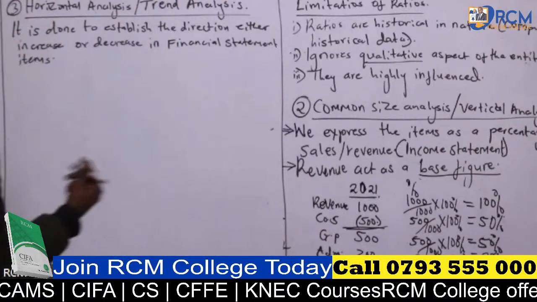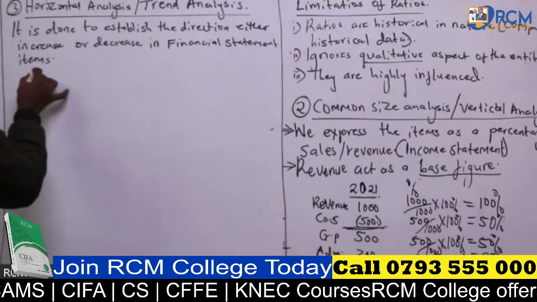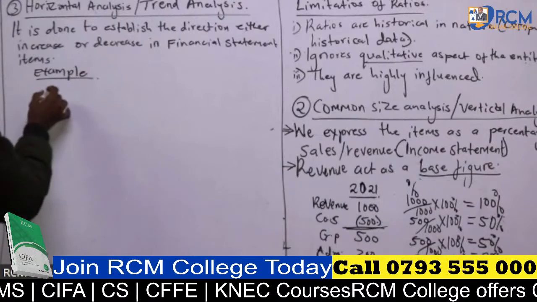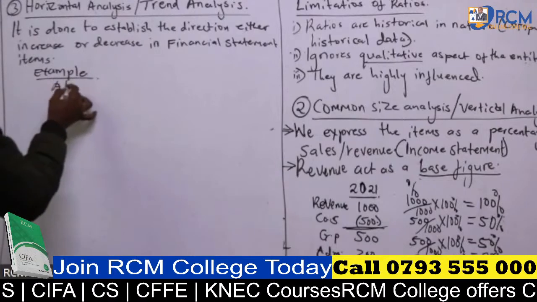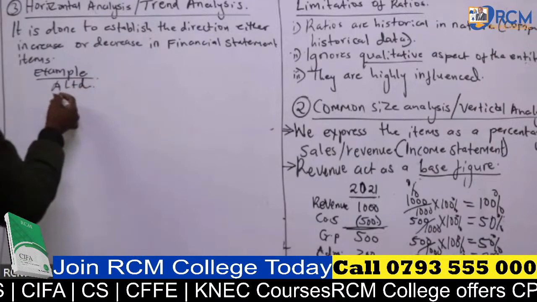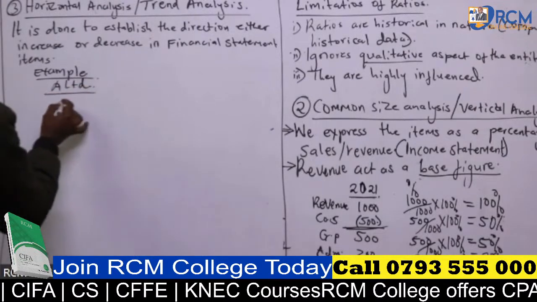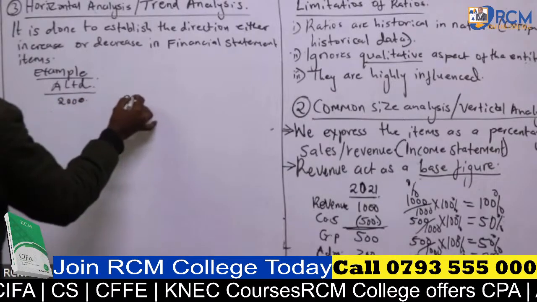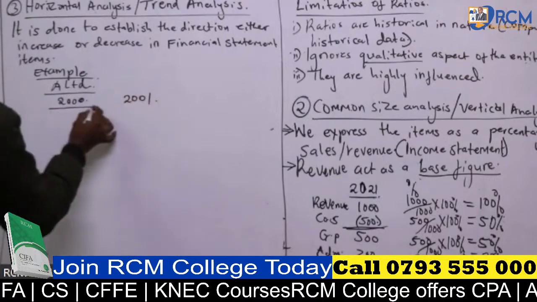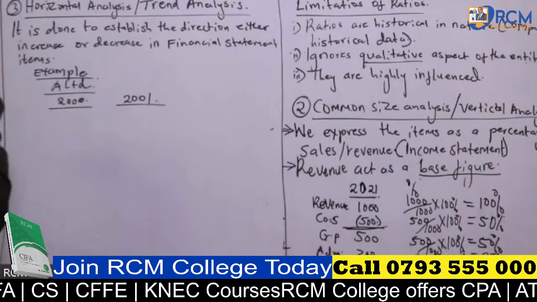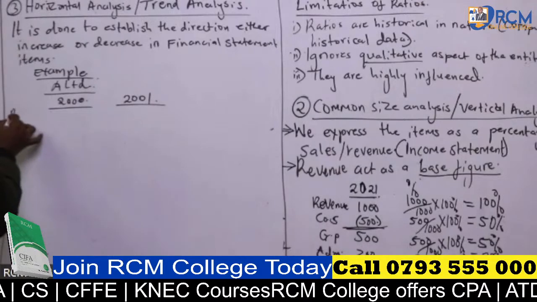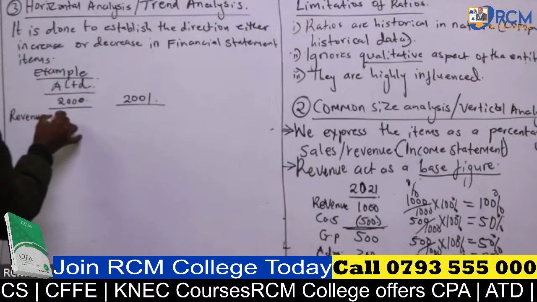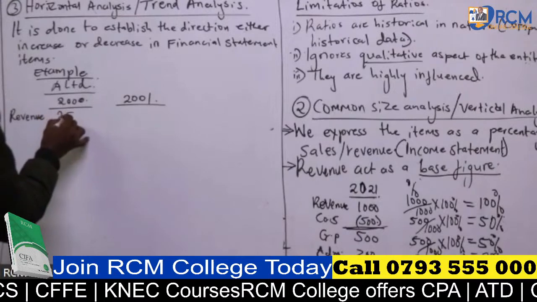Therefore, we should be comparing two periods. For example, A Limited, financial statements for the years 2000 and 2001. In the year 2000, revenue was maybe 2,500.